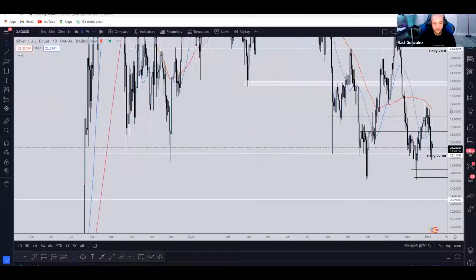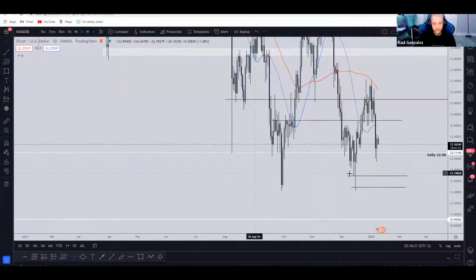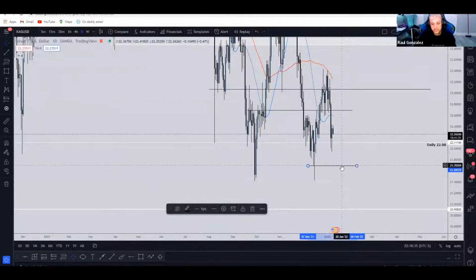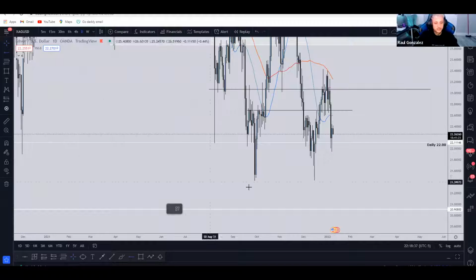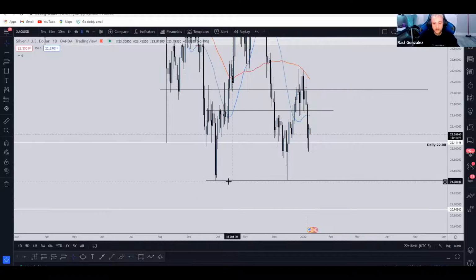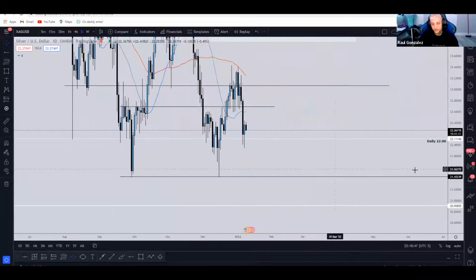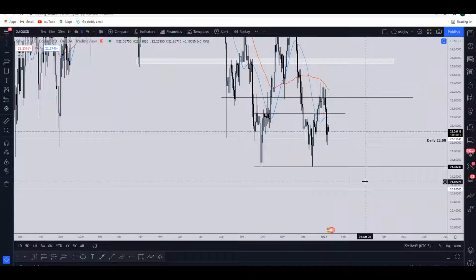But what stood out to me on this level is this rejection, and then noticing how price always closed above or rejected this area here. And then what also stands out to me is this level right here, so I won't draw a zone there. I'll draw the actual line itself, so I know if we break this level, I'm going to look for this level to be hit. Yeah, what's more important is you know what's going on and you can identify what's going on.